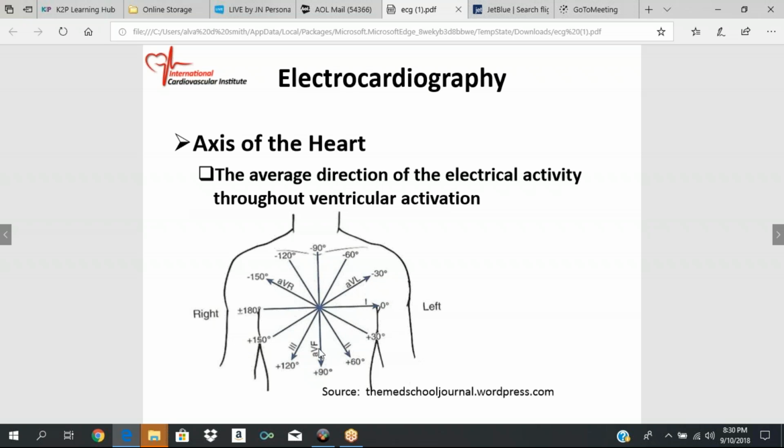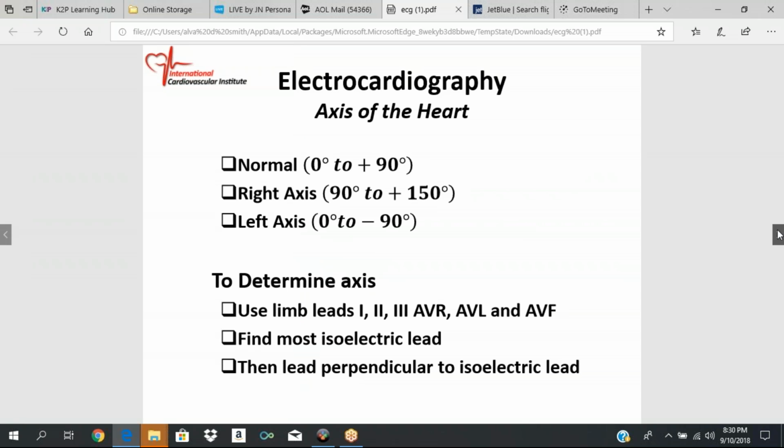Right axis is plus 90 to plus 150. It's on the right side, so it's right axis. And then in the left quadrant, left axis deviation, the electrical impulse is in this quadrant. So it's 0 to minus 90. So the axis of the heart can change if there's disease. If there's heart disease, the axis of the heart can change.